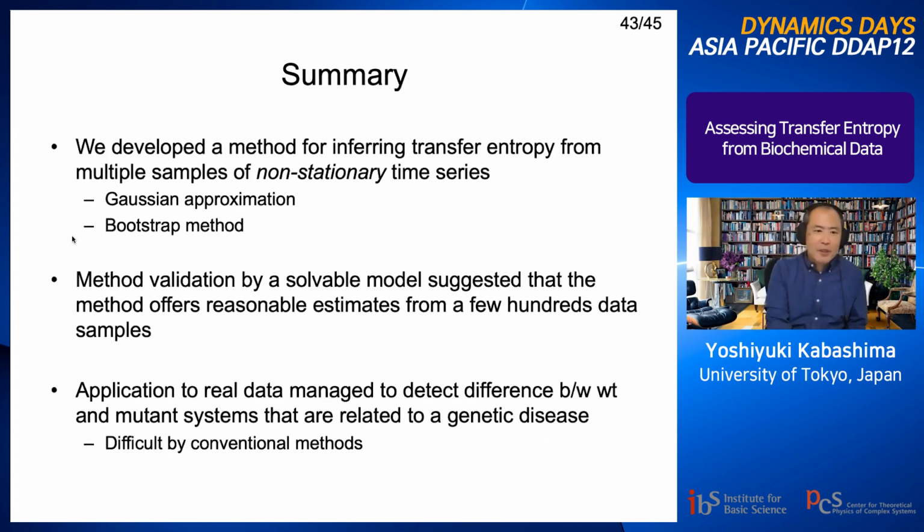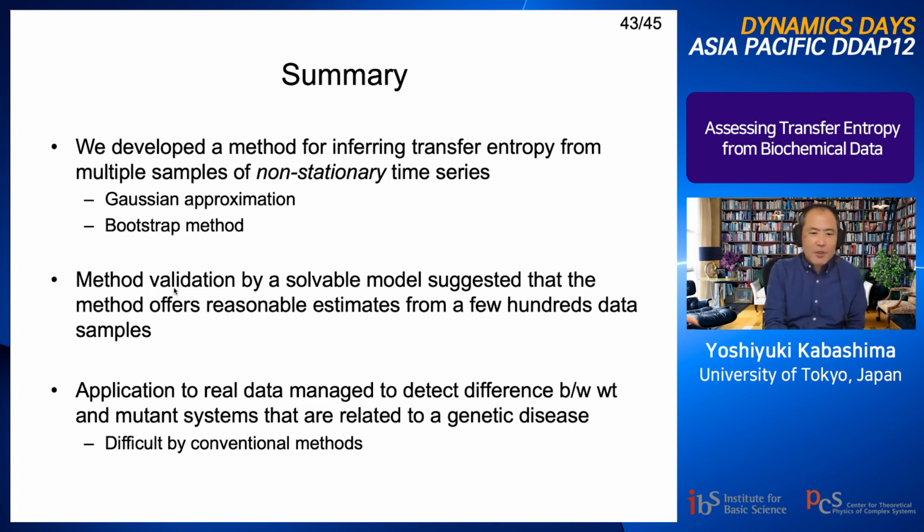So, summary. Okay, let us wrap up my talk. We developed a method for inferring transfer entropy from multiple samples of non-stationary time series, based on the Gaussian approximation and bootstrap method.